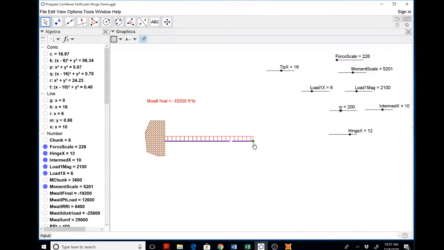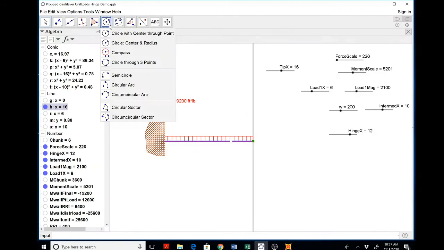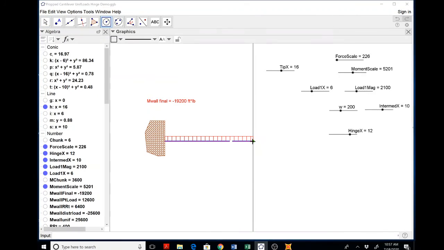As the superposition of two things, again, I have this load going up, and you could draw that in. You could even draw it to scale if you want to be super fancy. I'll just show you here how to do that. This would be R right over force scale.